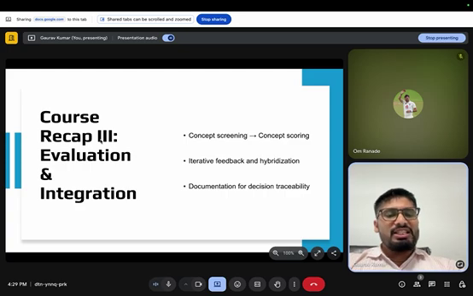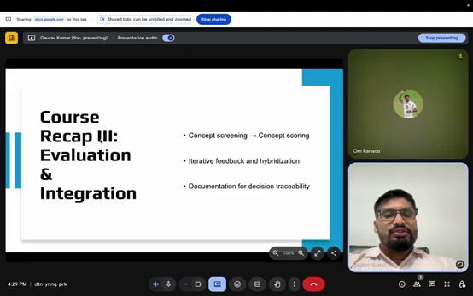Documentation ensured that each decision was supported by quantifiable evidence. These integrations transform creativity into accountable engineering evaluation tools, guaranteeing that only feasible, manufacturable and desirable concepts progress towards embodiment design.